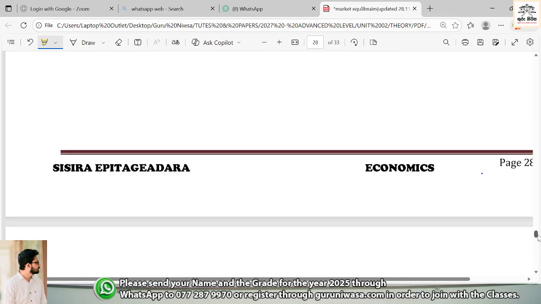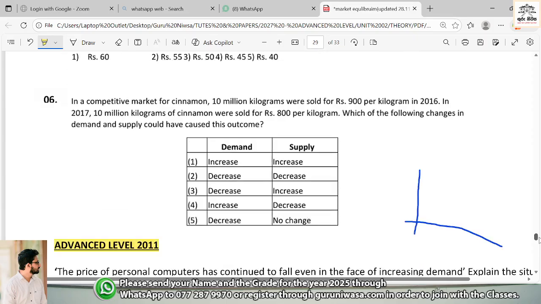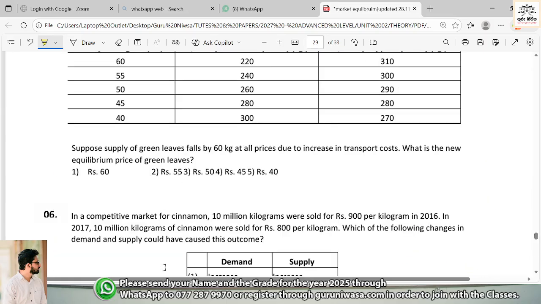Then let's do this question. It's a good question. Question number 6. Without saying the change in demand and supply, you have been given some values. In a competitive market, this is a bit hard.